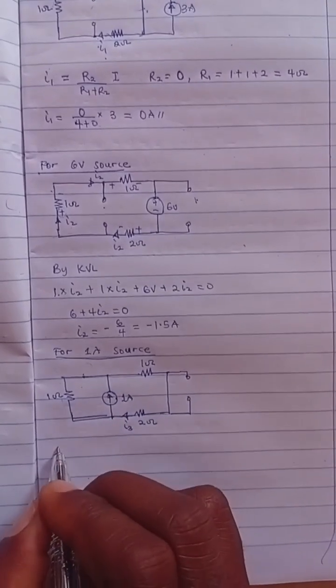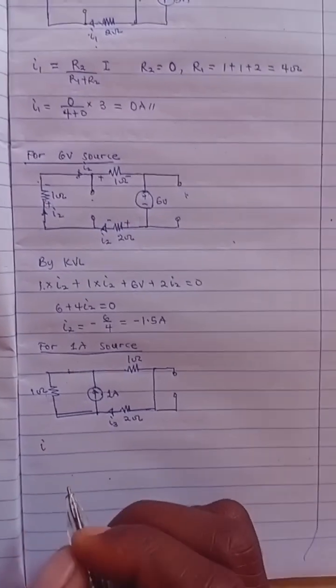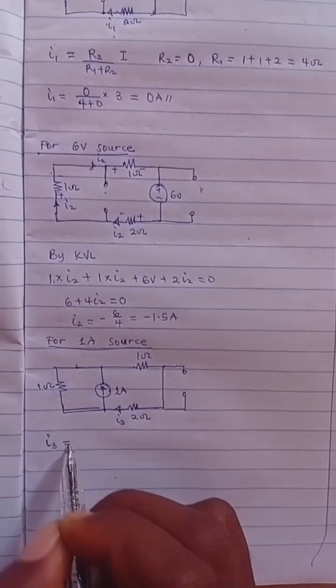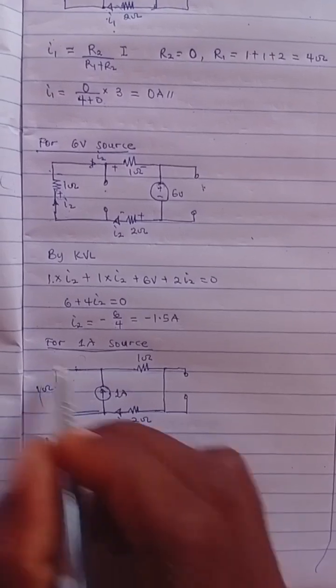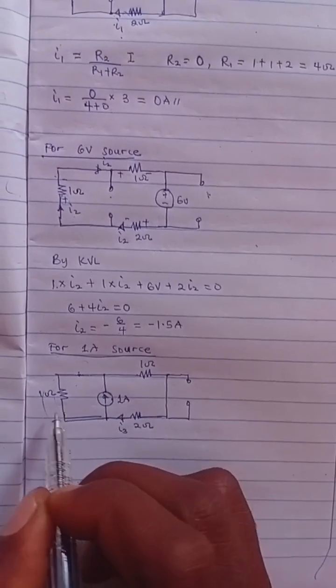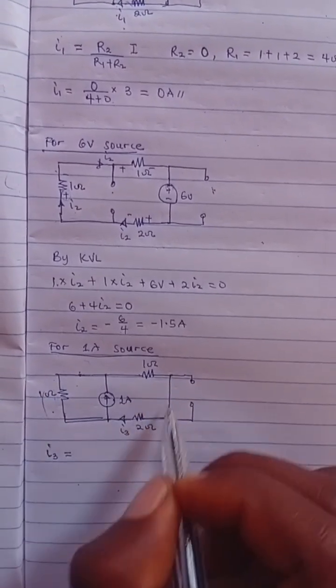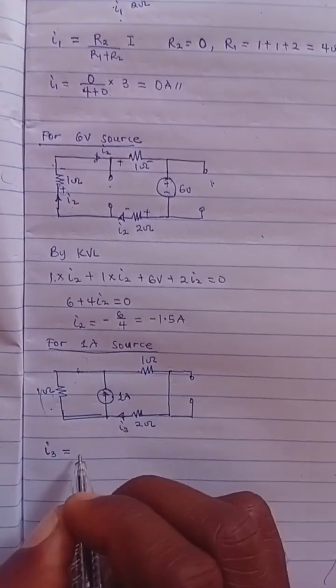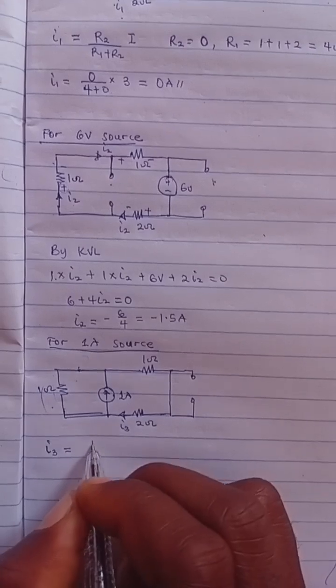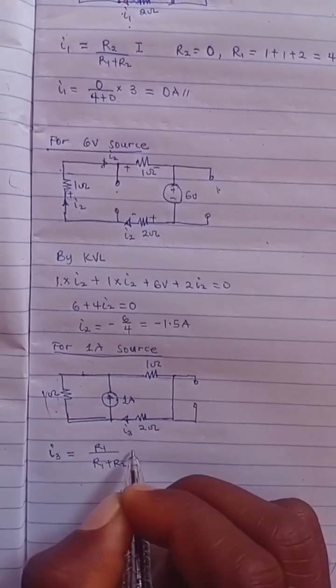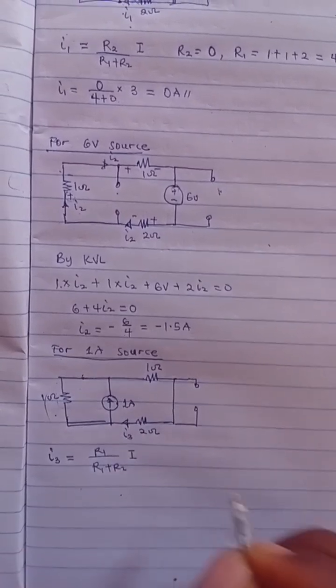By current divider rule, I3 is going to be R1 divided by R1 plus R2, multiplied by the total current powering the circuit.